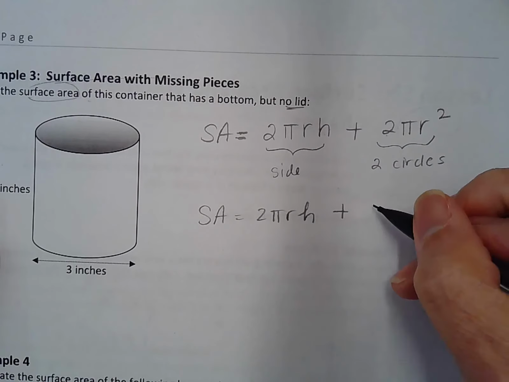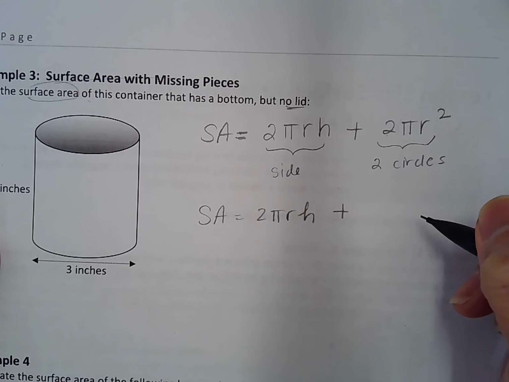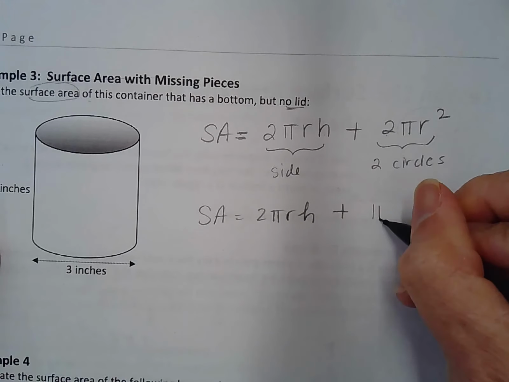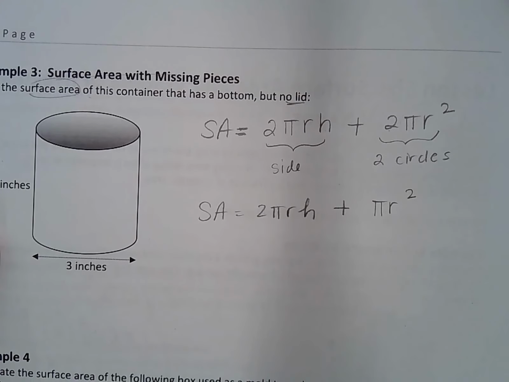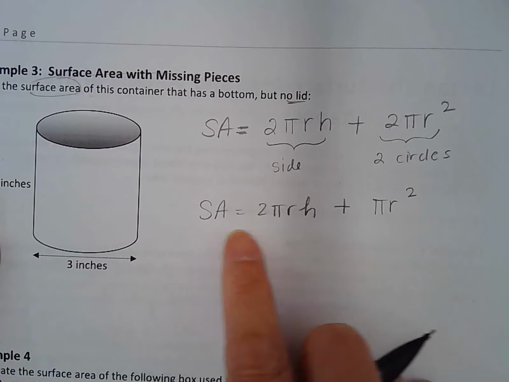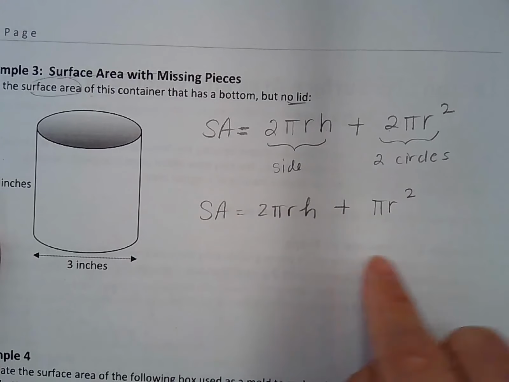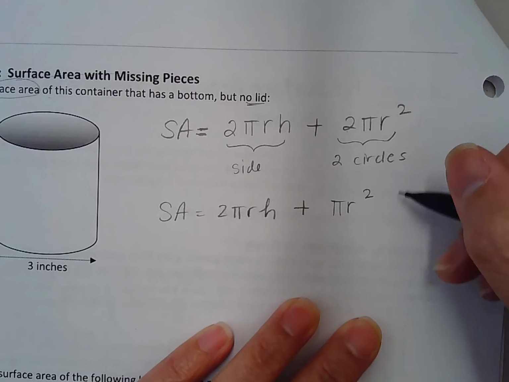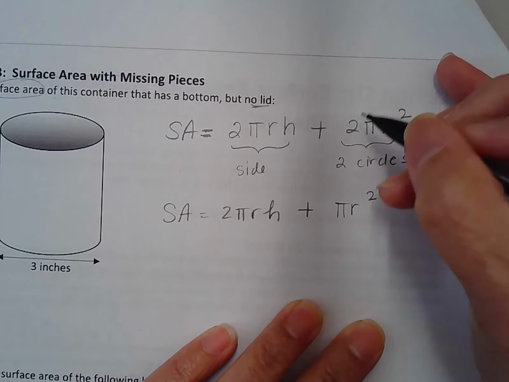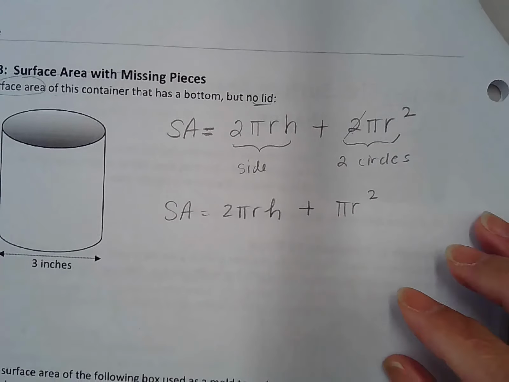You can just put 1 times pi r squared, or just go pi r squared. So this is the adjusted formula. We only need 1 circle.